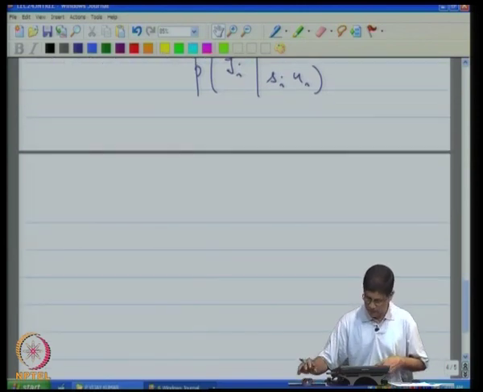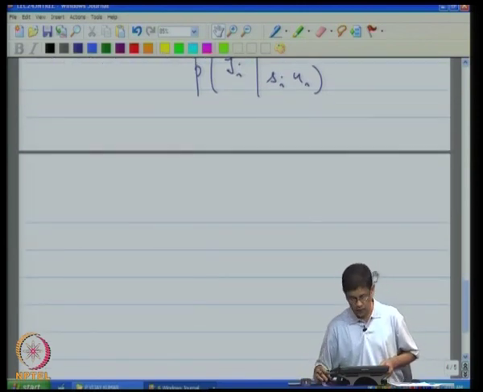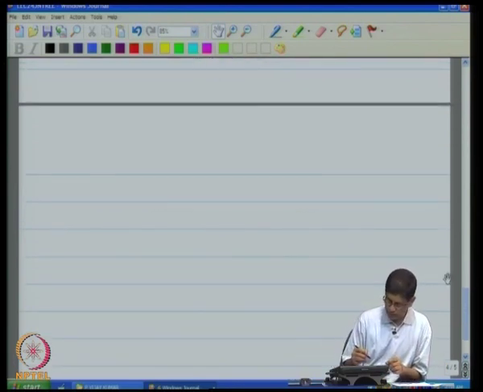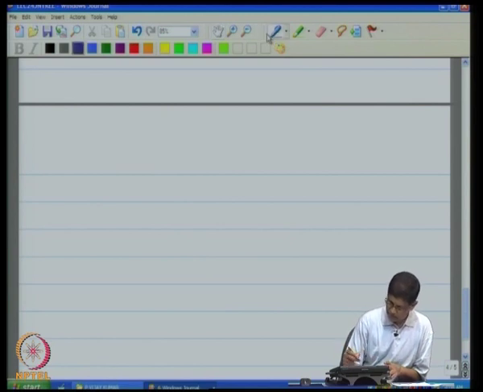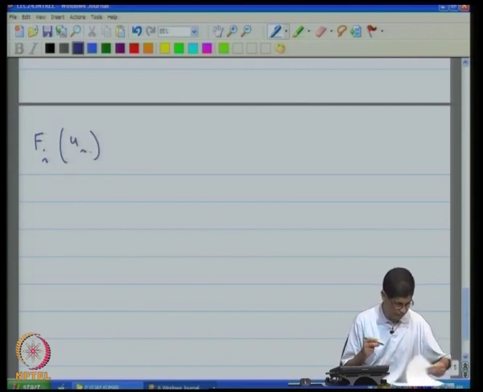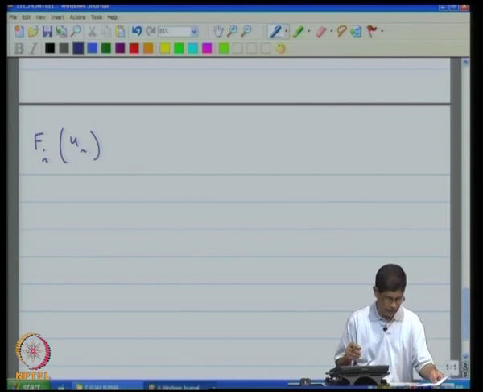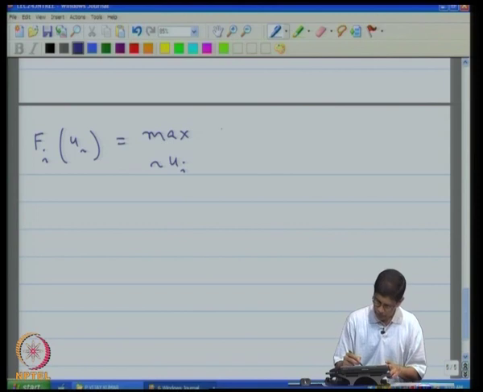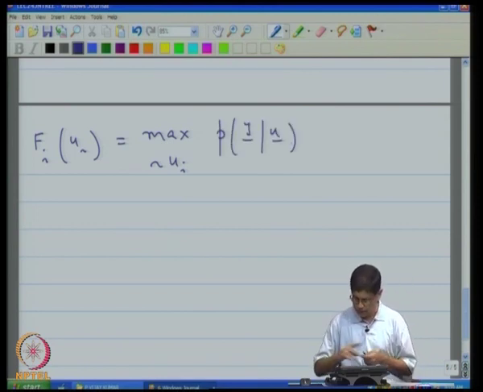Now, our interest is in maximum likelihood code word decoding of the convolutional code. So, what we will do is define f_i of u_i to be the max over not u_i of P of y given u.